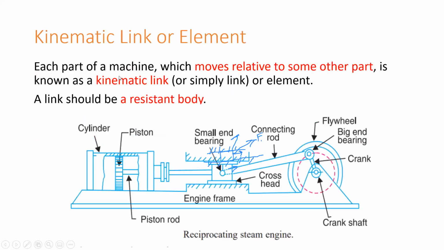So you can say that it is a kinematic pair, and that kinematic pair consists of the piston and the connecting rod. These two links are connected to each other and have a joint here, so they form one kinematic pair. Then other examples.